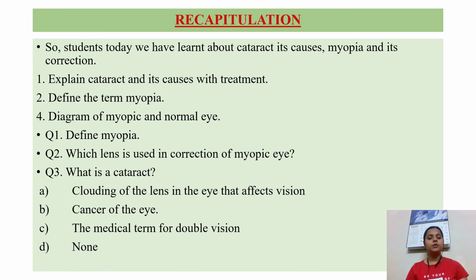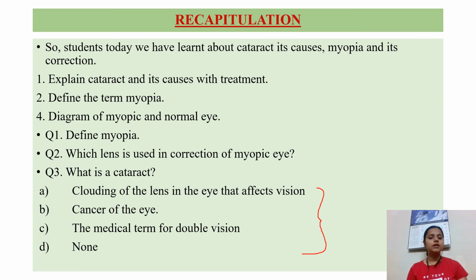Second question is, which lens is used in correction of myopic eye? So you need to write down the lens. Which lens were we using for correction of myopic eye? Third question is, what is cataract? So you need to define the cataract. But for the third question, I have given some options. I have given here 4 options and you need to select the right option from these 4 options.